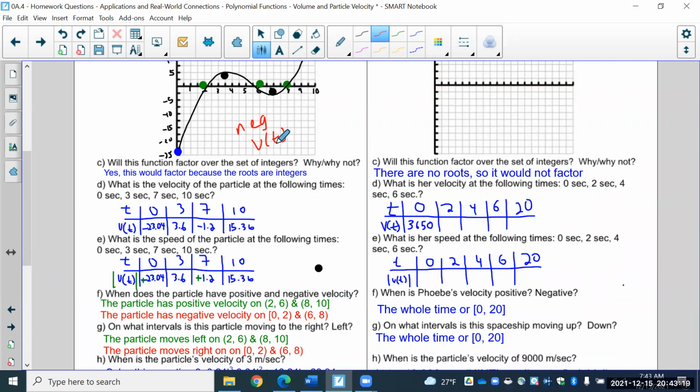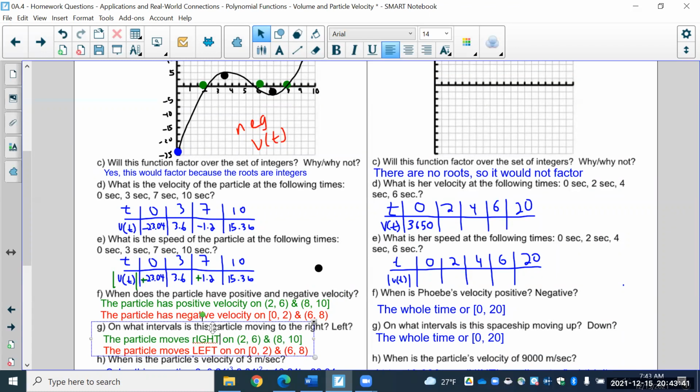You might say, didn't you say previously that negatives don't make sense? They don't for volume, but for velocity they do, because a negative velocity simply means I'm moving to the left. Glad I caught that because I had a little typo. So if you are moving to the left, you're negative. And if you are positive, you are moving to the right. Okay, so keep that in mind.